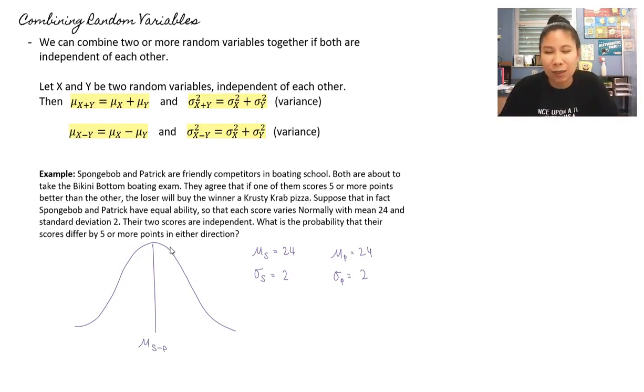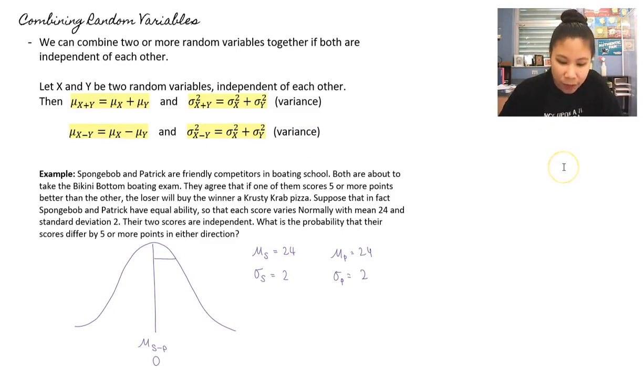Could have subtracted the other way, it really doesn't matter. So we'll call it SpongeBob minus Patrick. Using our rules about combining random variables, we are doing the subtracting one, so I can just take the means of each and subtract them. 24 minus 24 would be a mean of 0.